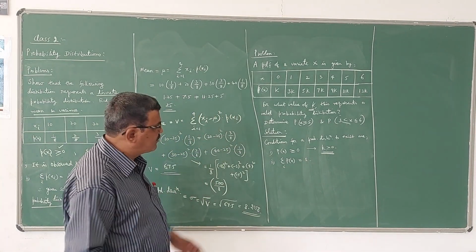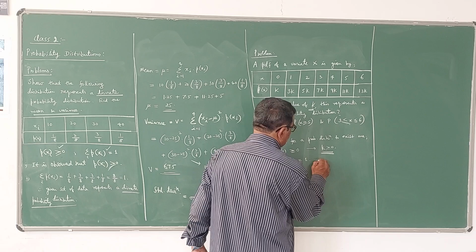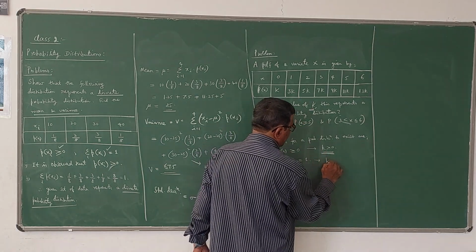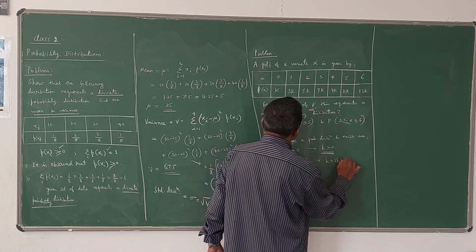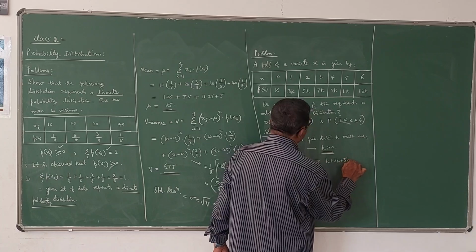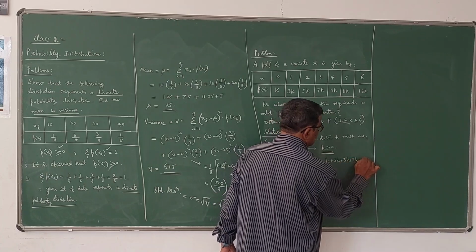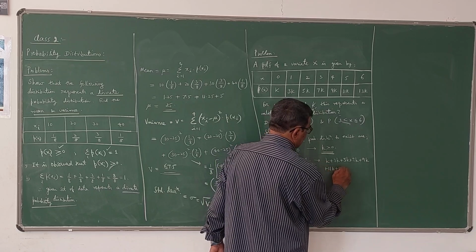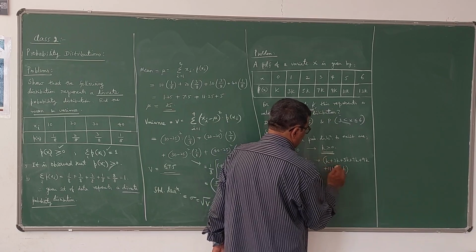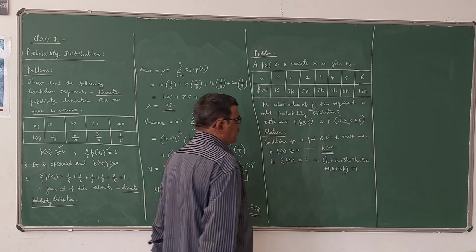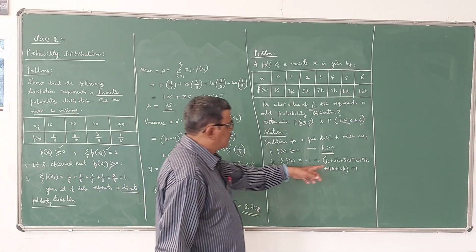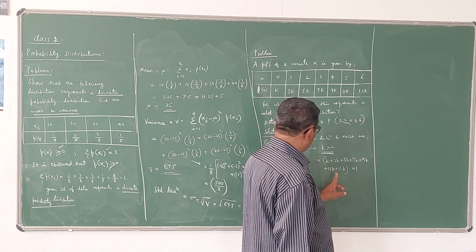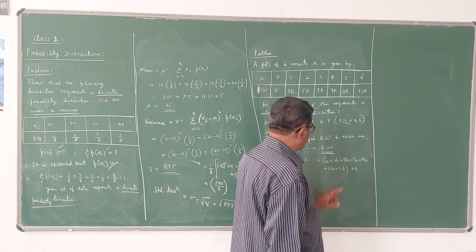Correct? So if you use the second condition, add all of them. k plus 3k plus 5k plus 7k plus 9k plus 11k plus 13k. This should be equal to 1. 4, 9, 16, 25, 36, 49.